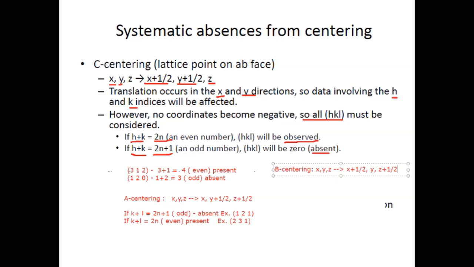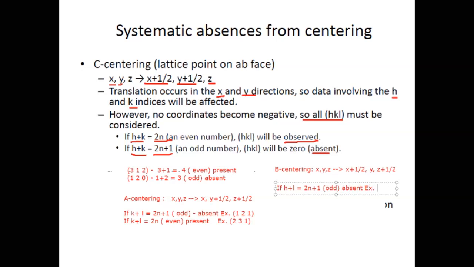So now if you think about it, we translate along the X and Z directions. So what we're looking at is if H plus L is 2n plus 1, odd, it's absent.